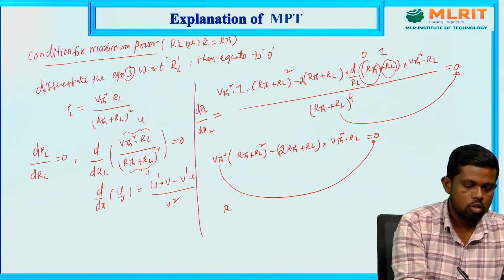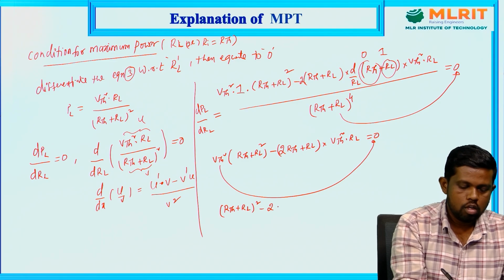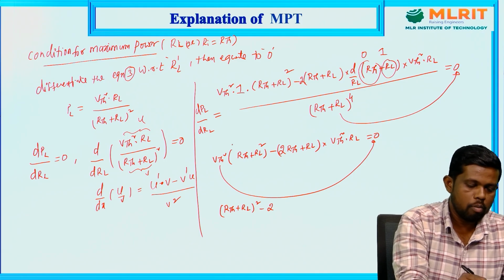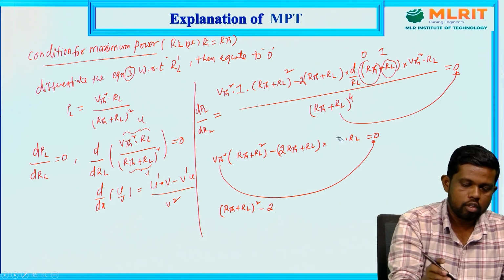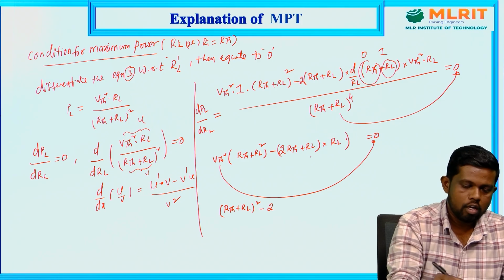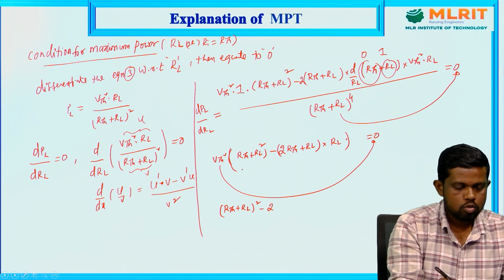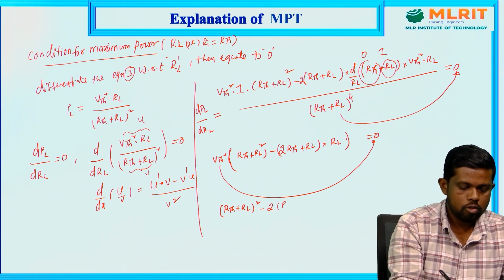So the final simplified term is (RTH plus RL) square minus 2 times, and we need to take VT square as common here. There is no VT square here, so directly we write RL, and this is the whole term. So the final term is 2 times (RTH plus RL) into RL that is left.